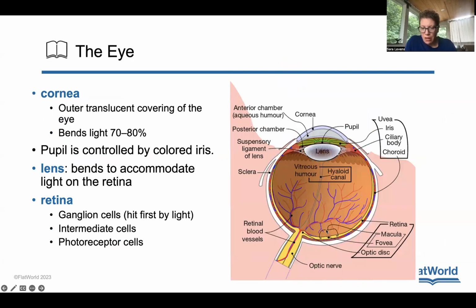You can see this whole little area, this is the fovea, that little area. That's where it's most densely packed with all of the cone receptors for color, so that you can really see up close and see detail. That's where you're going to see different shades of color and nuance.